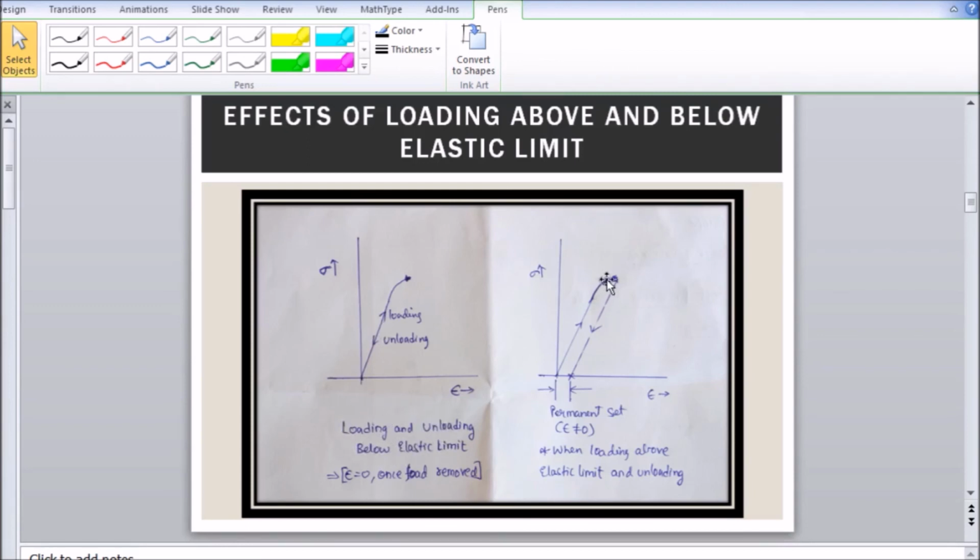But if you cross and stress the material above its elastic limit, it will try to regain the shape, but it will fail to reach its original state. There will always be a certain permanent set. That means the strain epsilon will not be equal to 0. Some final strain value will be there. This part is called the permanent set. This happens when loading is done above the elastic limit.